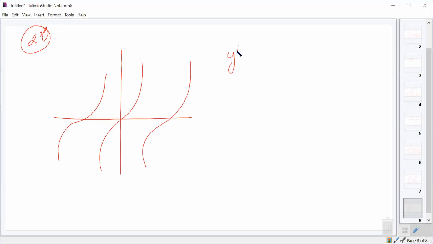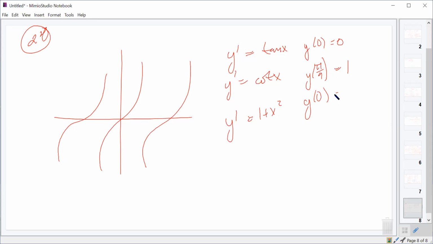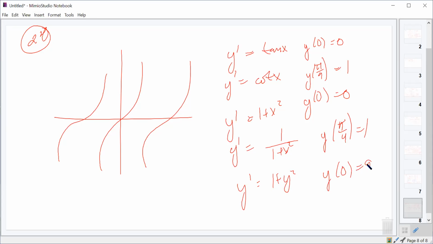And it says your options are y prime is tangent x with y of 0 equal to 0. y prime is cotangent x with y of pi over 4 equal to 1. y prime is 1 plus x squared with y of 0 equal to 0. y prime is 1 over 1 plus x squared with y of pi over 4 equal to 1, or y prime is 1 plus y squared with y of 0 equal to 9.